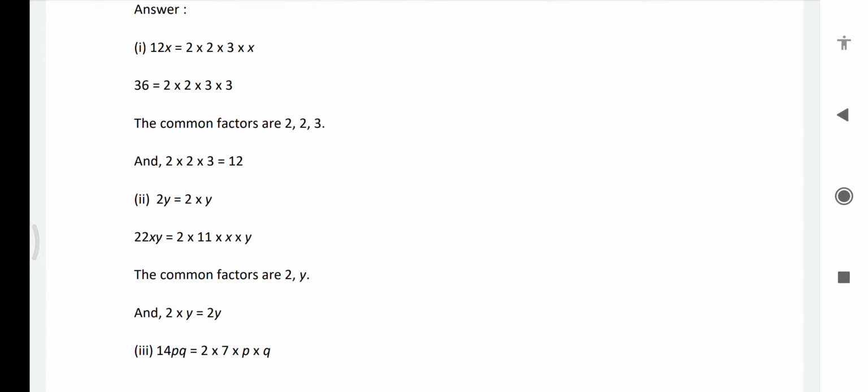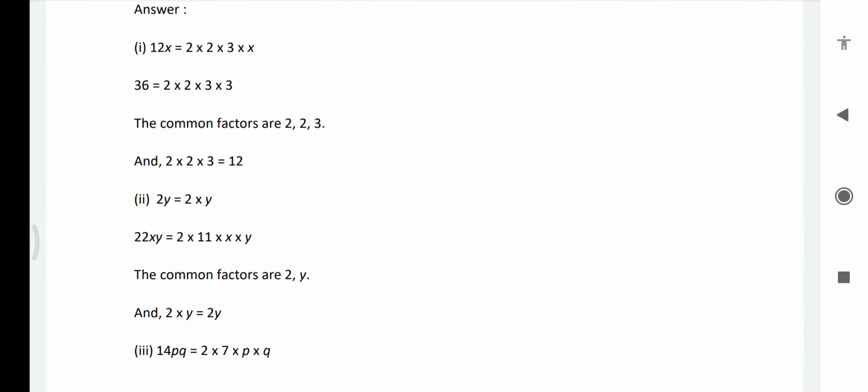Now 36, if you speak factors of 36, 12 3 are 36, 9 4 are 36, 6 6 are 36, all are right, but we write only prime factors. That means 2 2 are 4, 3 are 12, 3 are 36, 3 3 2 2 all are prime.